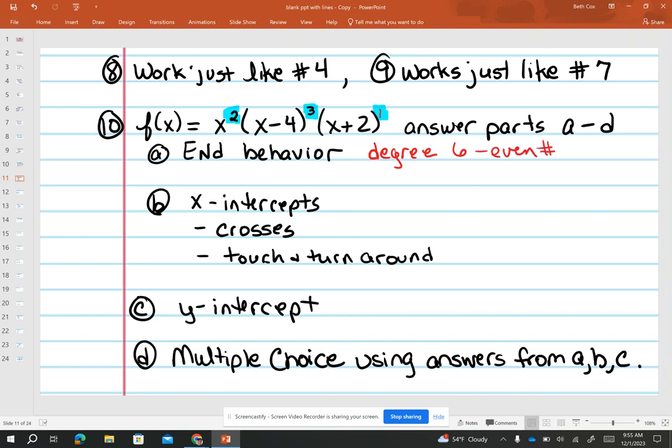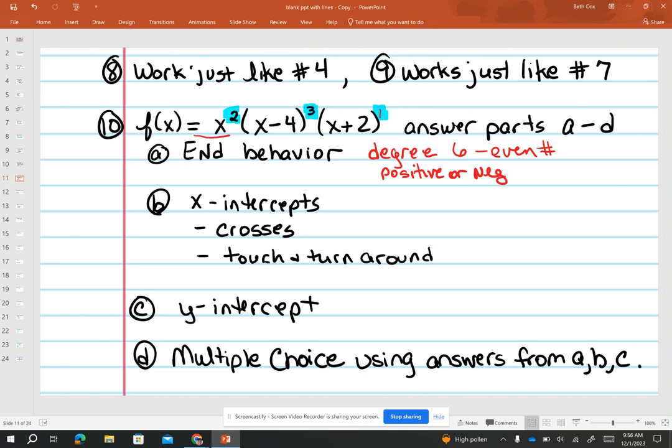Okay, so with even degrees, the end behavior is the same. So either they both fall or they both rise. They fall on the left, fall on the right, or they both rise on the left, rise on the right. So the first thing we do is check the degree, and then we decide, is it positive or negative?